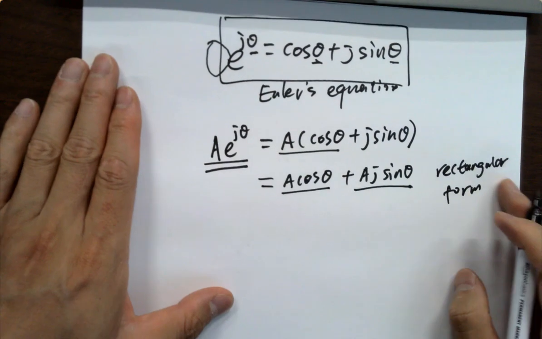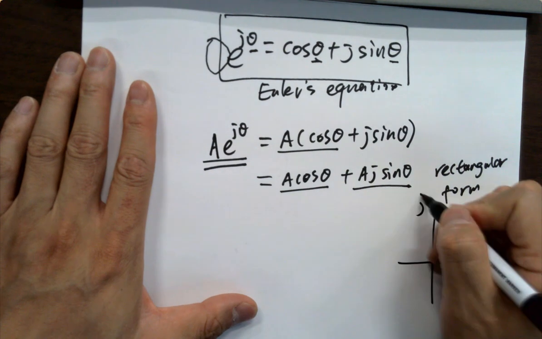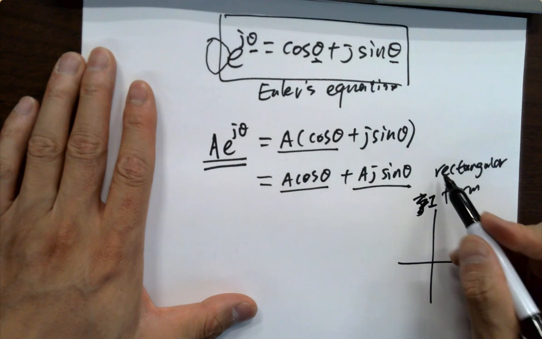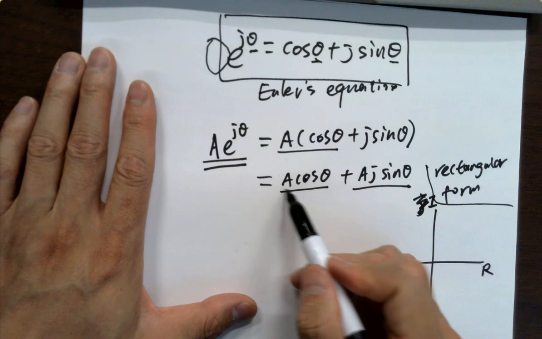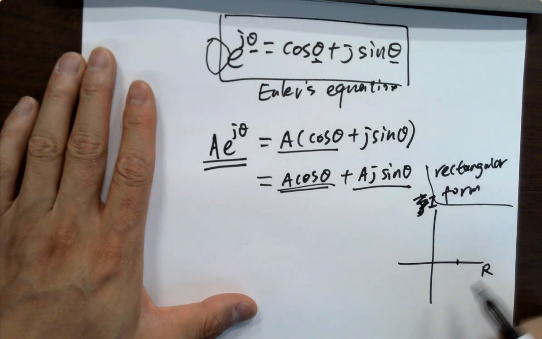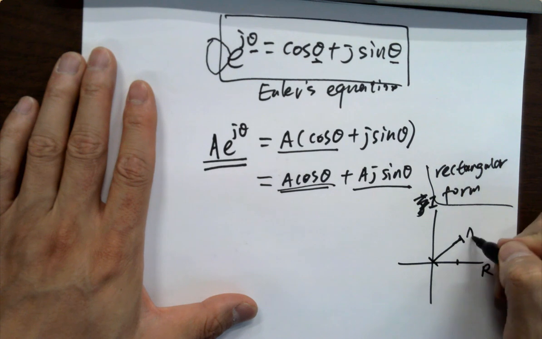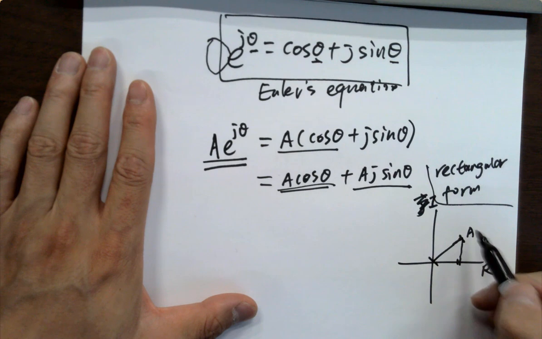Why is it called rectangular form? Because on the complex plane, you have j, the imaginary axis, here and the real axis here. A cosine theta will be here. For example, this is the amplitude; the length of the bar is A. A cosine theta is this, and A sine theta will be this.